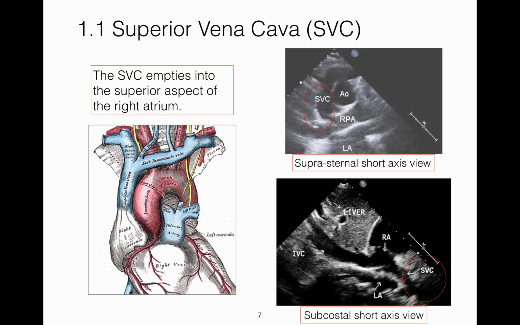The SVC empties blood into the superior aspect of the right atrium. The SVC can be difficult to image with transthoracic echocardiography. Suprasternal short axis and subcostal short axis views are best for imaging the SVC. These views will be rehearsed in Year 2 of the course.